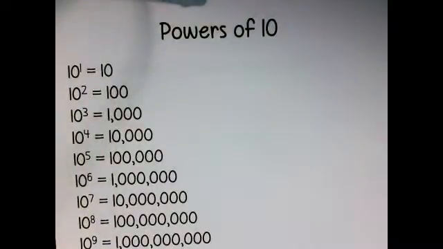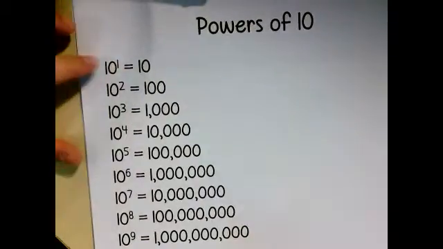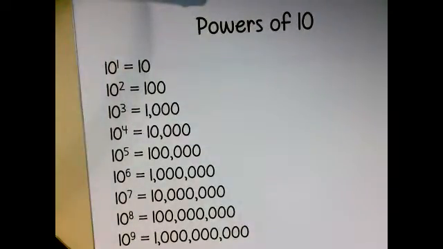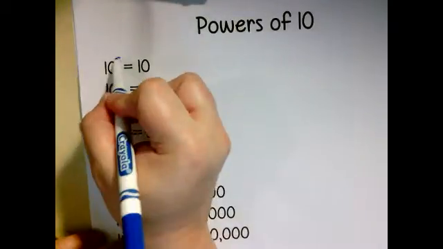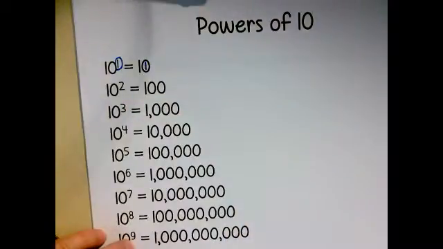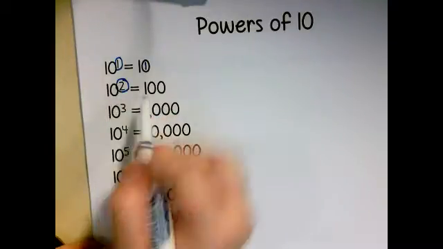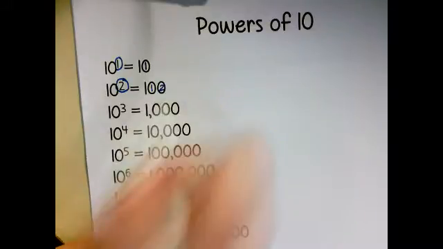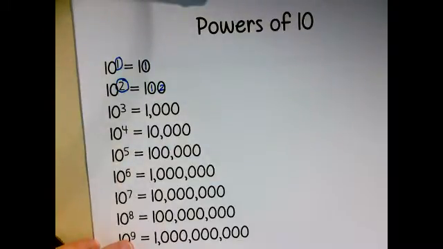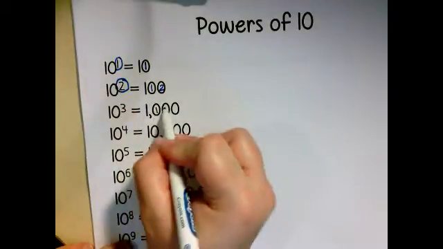Okay, we also looked at powers of tens, and we looked at this chart and we looked for the pattern. And as we looked, we quickly discovered that our little exponent over here tells us how many zeros we have. So 10 to the second power is going to be a 1, and it's going to have 2 zeros. 10 to the third power, a 1 and 3 zeros.